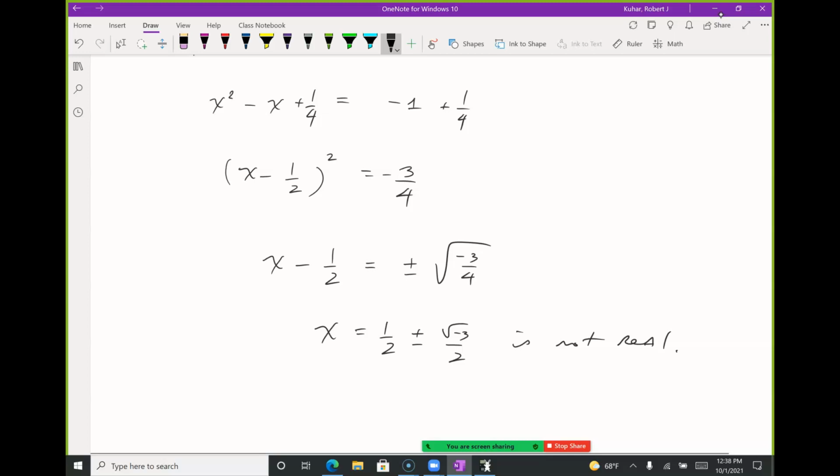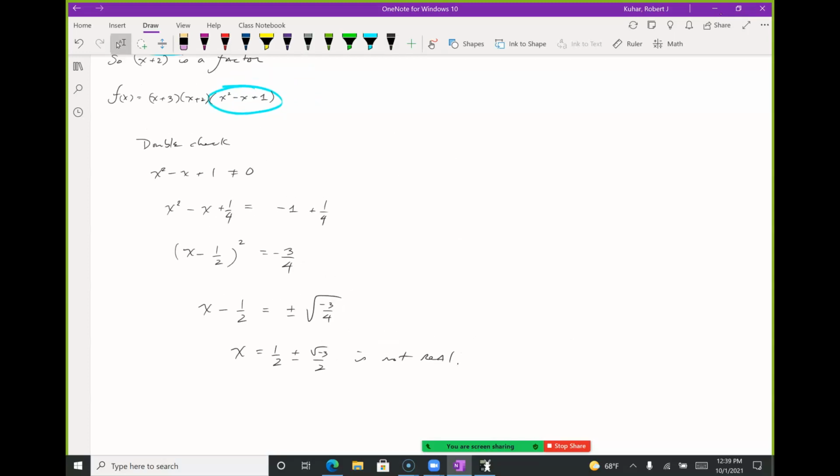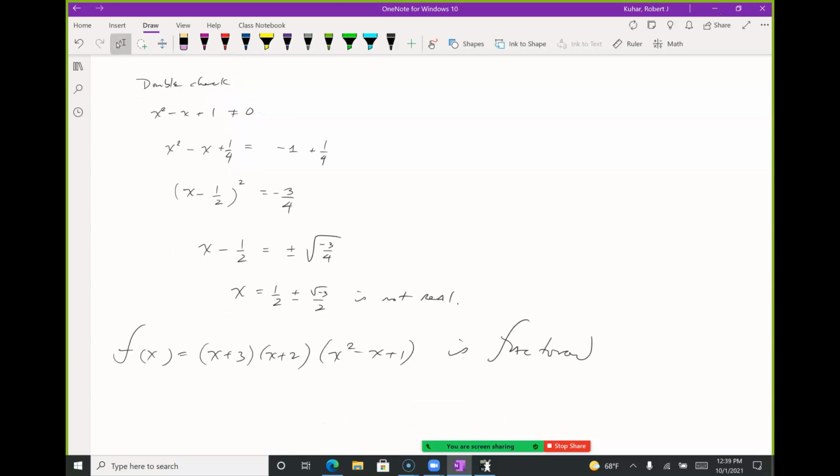I want to stick to real numbers, because I'm not going to have complex numbers in Calc 1. So I'm done. f of x equals x plus 3 times x plus 2 times x squared minus x plus 1 is factored, with the assumption that I'm only factoring to real roots and their multiplicities.